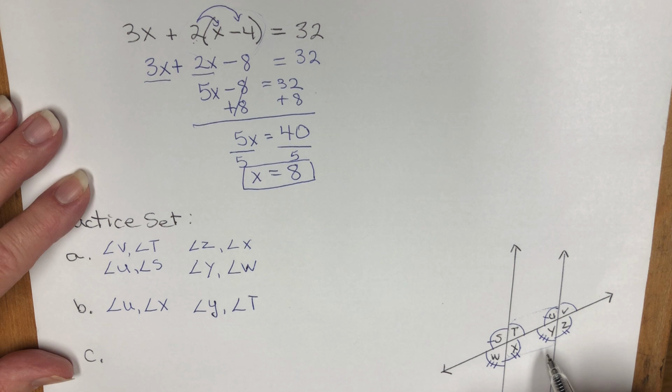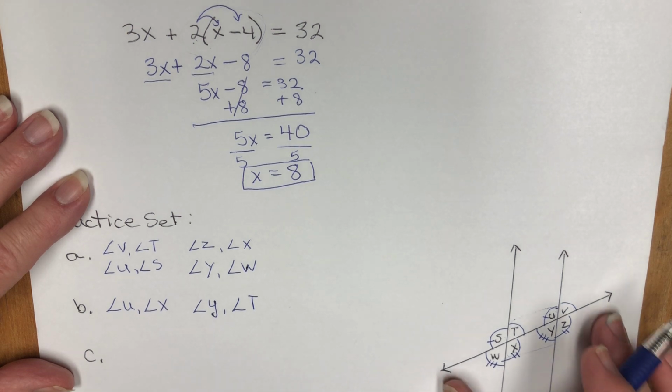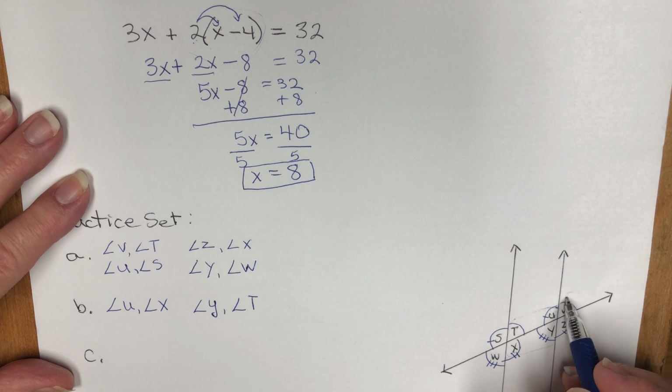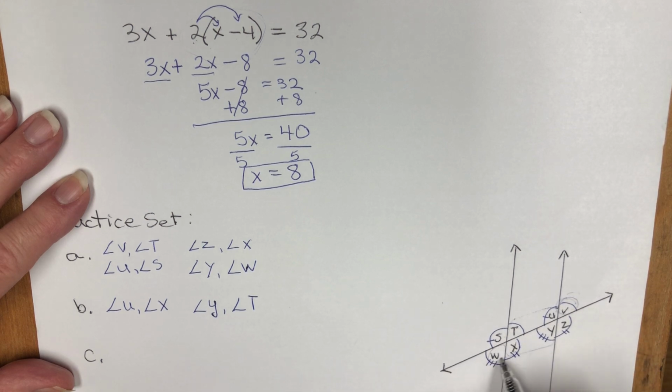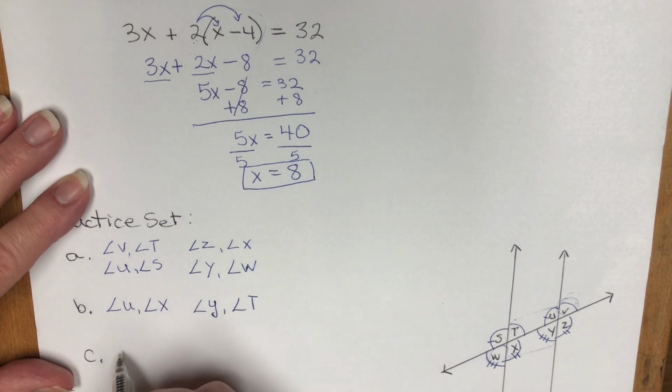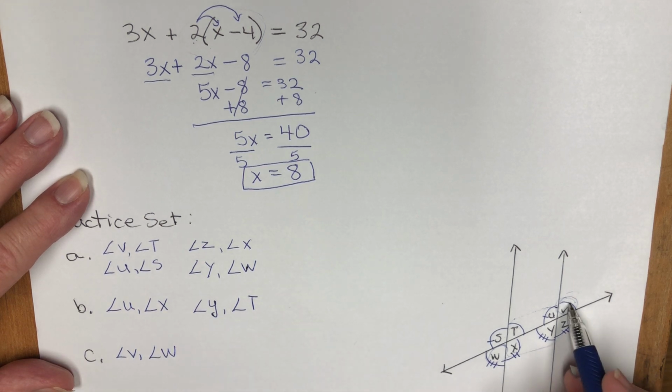Now they want to know the 2 pairs of alternate exteriors. Okay, alternate means on opposite sides. Exterior means outside the parallel lines. So this is outside the parallel line. The alternate one would be this one right here. So we have angle V and angle W are alternate exteriors.